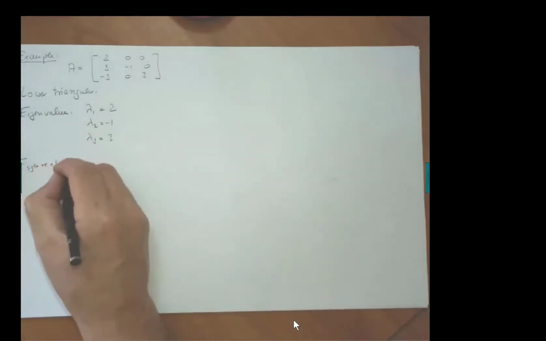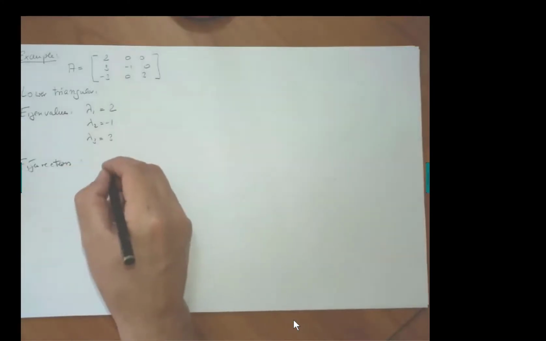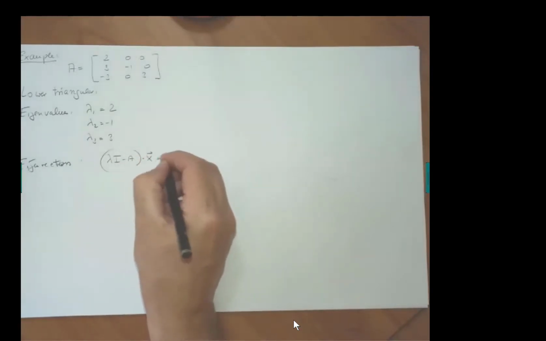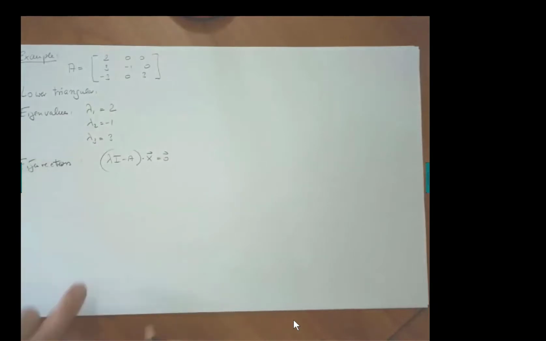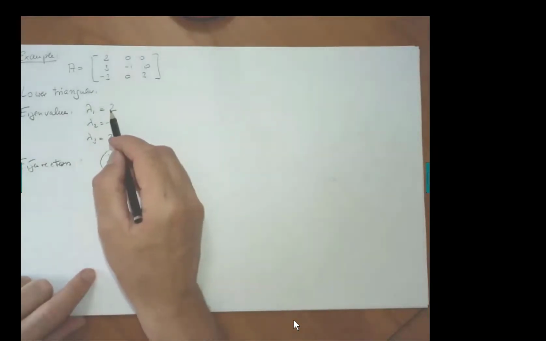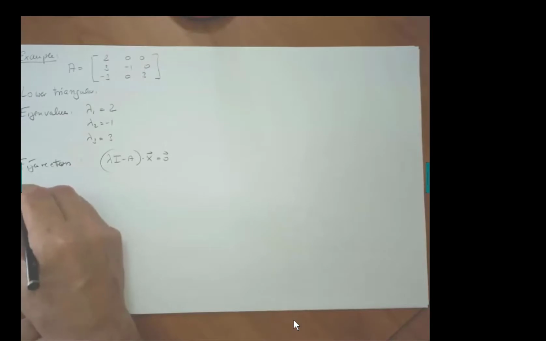So, eigenvectors. We always solve lambda I minus A times X equal to 0. Let's say lambda, which ones do I start first? Let's say lambda 1.